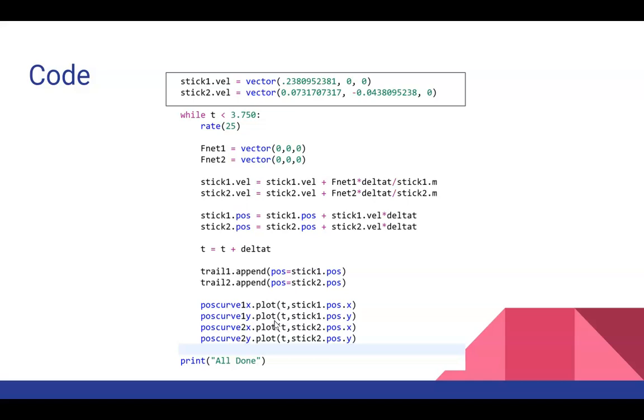And then we have on the top the new velocities after the collision, and we have a while loop while t is less than 3.750, where you're iterating the same velocity and position update formulas until the video ends.